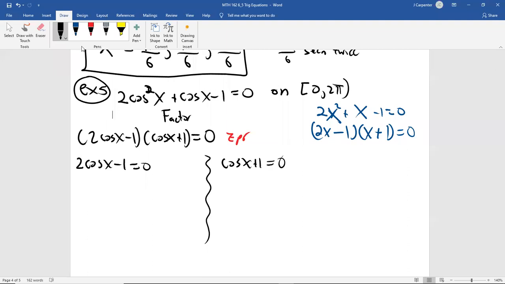All right, basic algebra. Add 1 to both sides, you'll get 2 cosine of x equals 1. Divide by 2, you'll get cosine of x equals a half. For the other one, you just got to subtract 1 on both sides, and you get cosine of x equals negative 1.